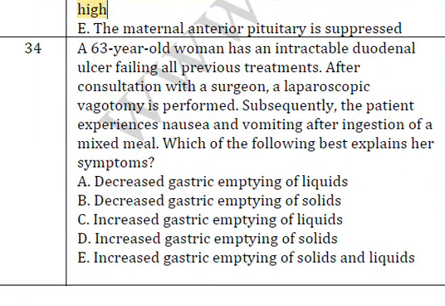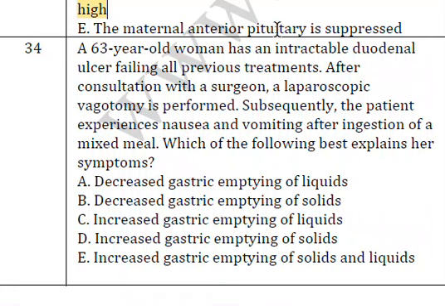And the 34th question. A 63-year-old woman has an intractable duodenal ulcer following all previous treatments. After consultation with a surgeon, a laparoscopic vagotomy is performed. Subsequently, the patient experiences nausea and vomiting after ingestion of a mixed meal. Which of the following best explains her symptoms?